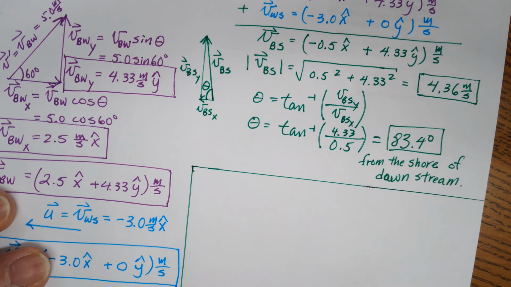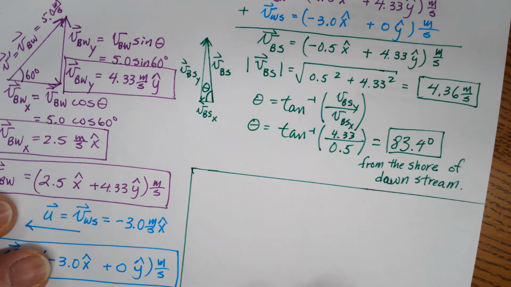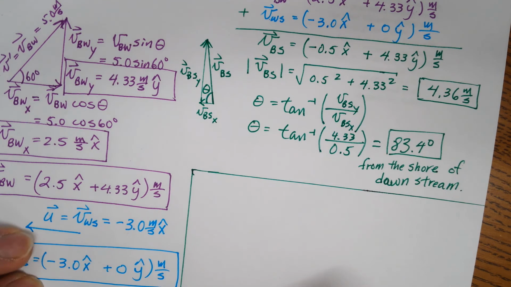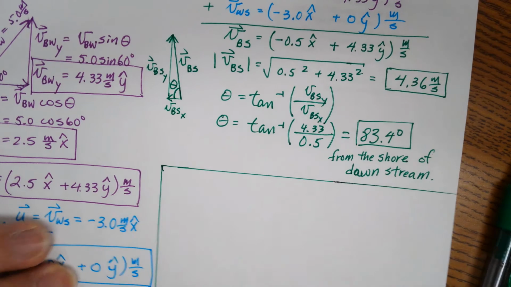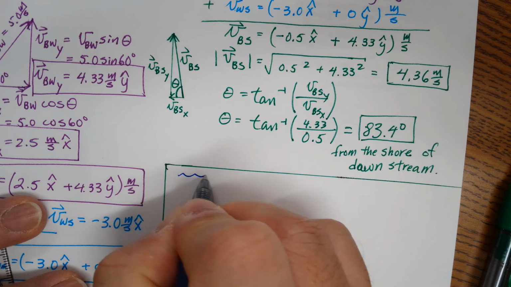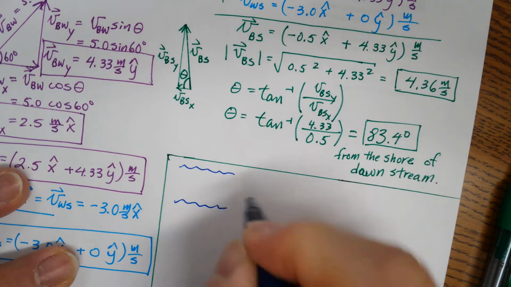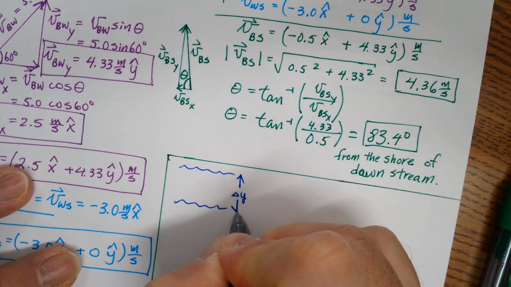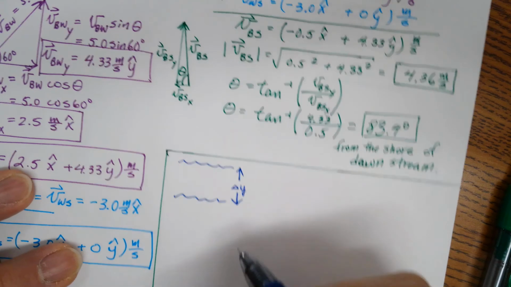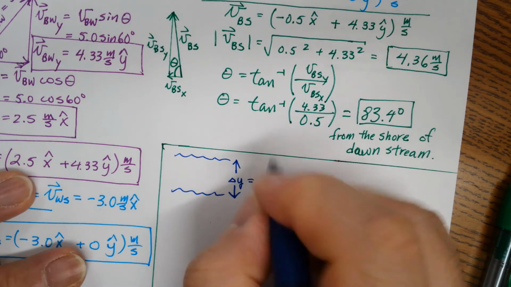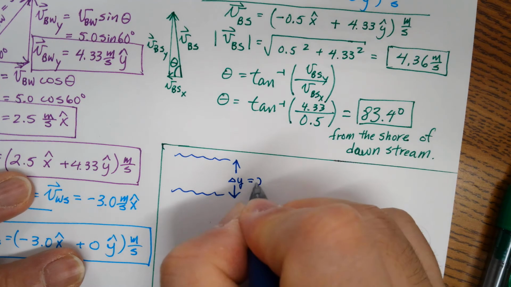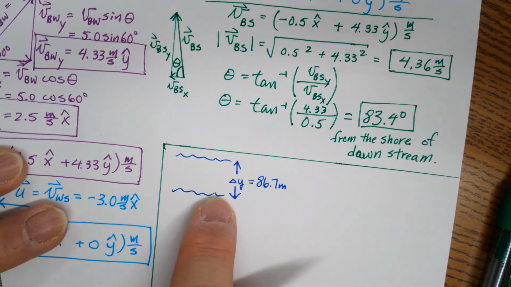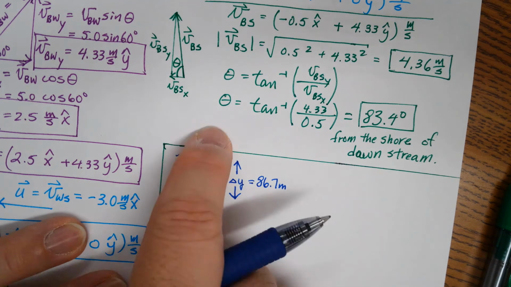For part B, if the river is 86.7 meters wide, so if the river itself is delta y, here is the width right here this way, and that is 86.7 meters wide. How long will it take to cross this thing?